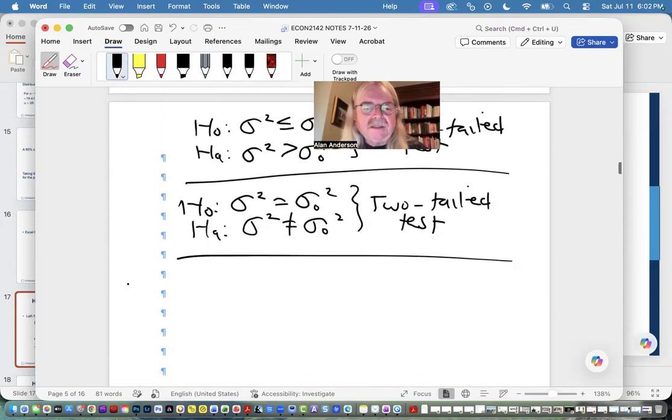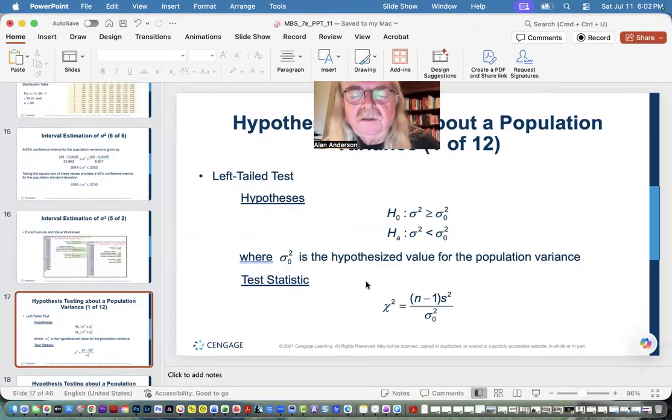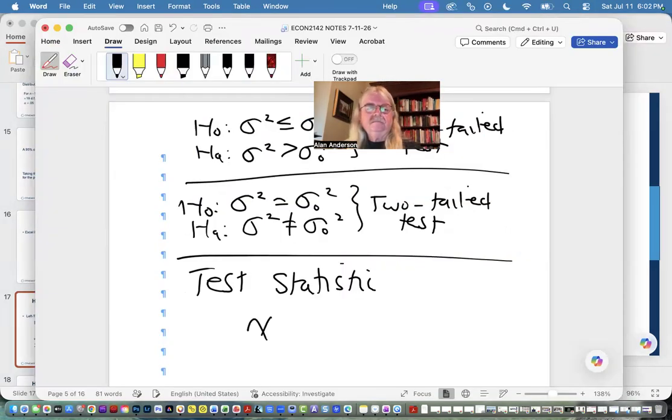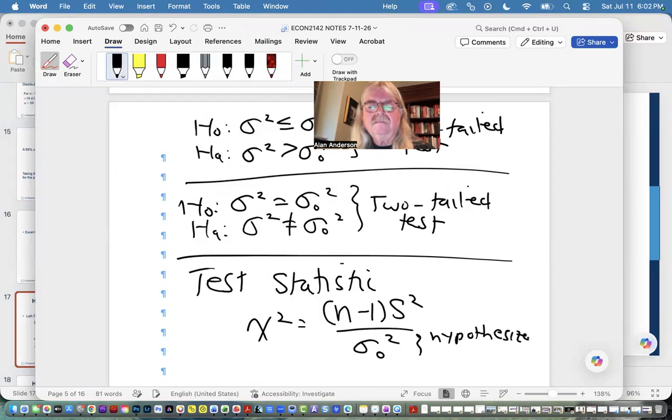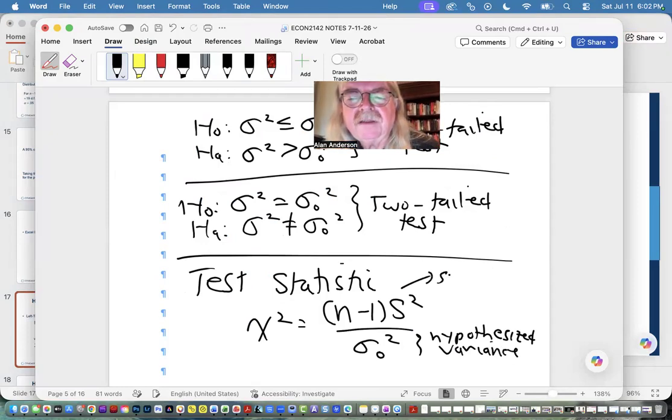And the test statistic is here. And of course, this is the hypothesized variance. S squared is the sample variance.